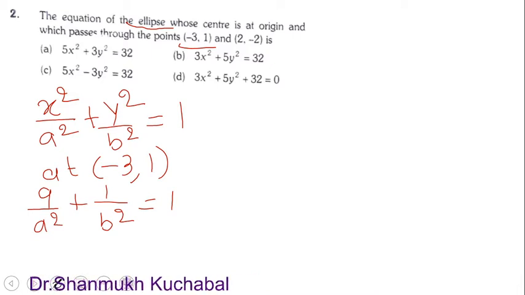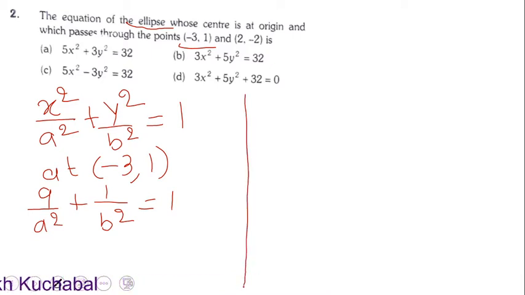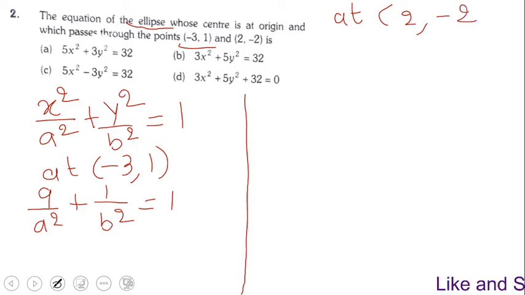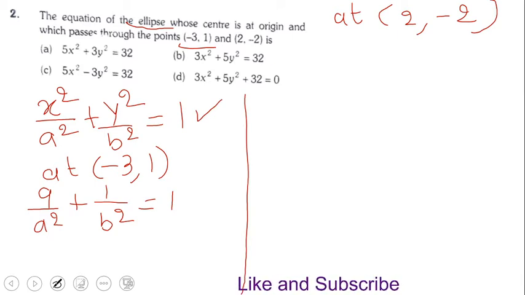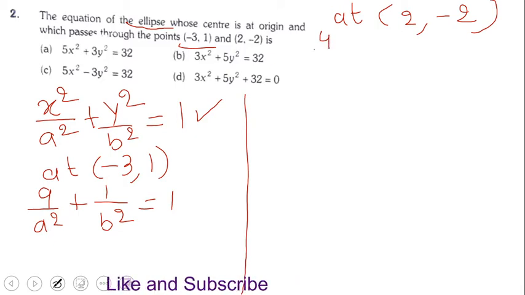Further, one more point is given, at (2, -2). We have to substitute x equal to 2 and y equal to -2 in the first step equation. So 2 square is 4, giving 4 divided by a square.